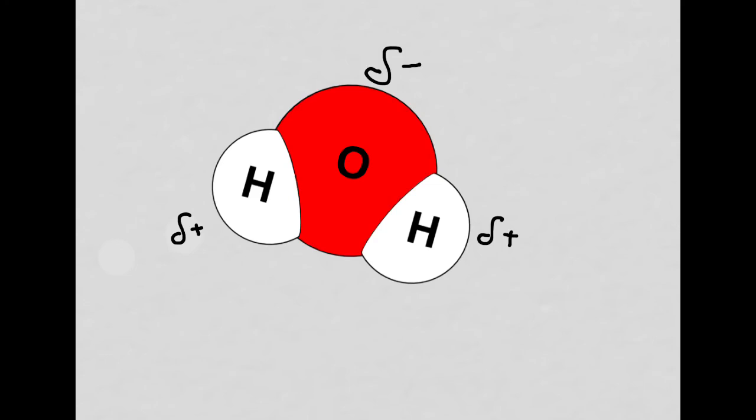Because the oxygen has this tiny negative charge, or the delta negative, and we have hydrogens with a tiny positive charge that's represented by delta positive, we have an overall trend in a tiny positive and a tiny negative, because the differences are both in the same direction.